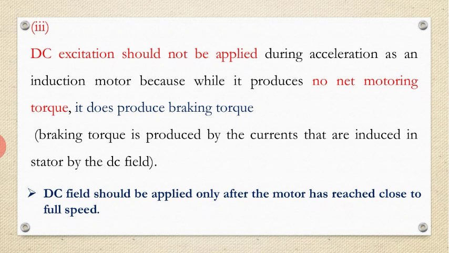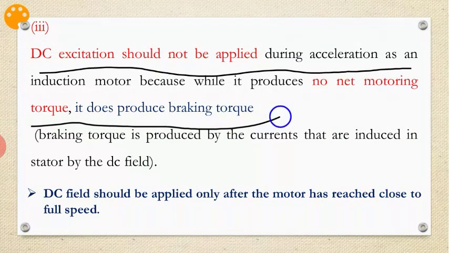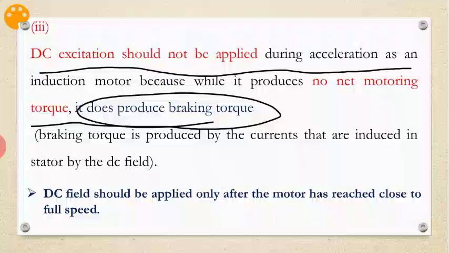The third point is that DC excitation should not be applied during acceleration. This is very important, as I already discussed. DC excitation should not be applied during acceleration as an induction motor, because while it produces no net motoring torque, it does produce braking torque. So during acceleration as an induction motor, we are not supposed to apply the DC supply.